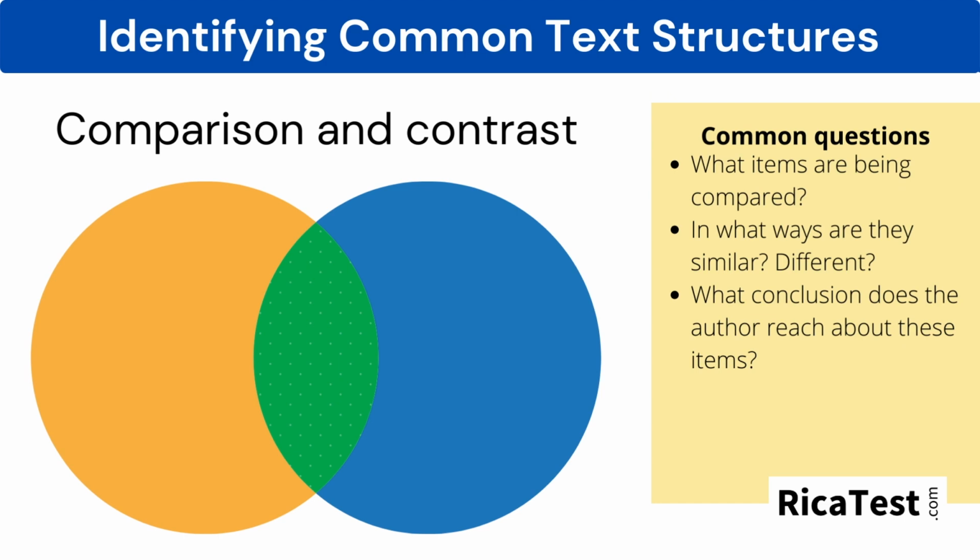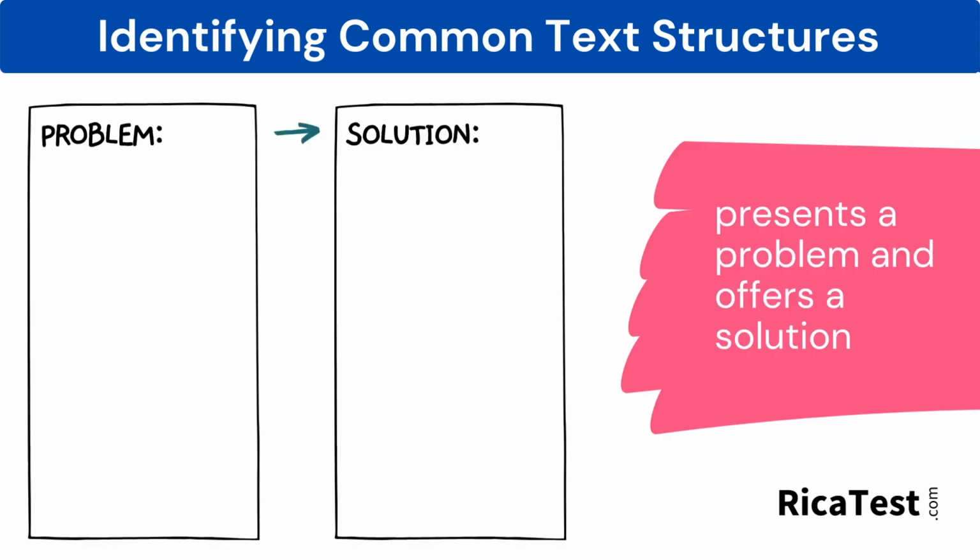Common questions used to indicate comparison and contrast include: what items are being compared, in what ways are they similar, in what ways are they different, what conclusion does the author reach about these items?